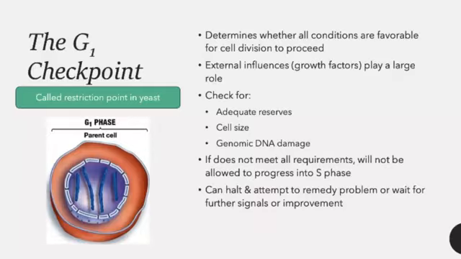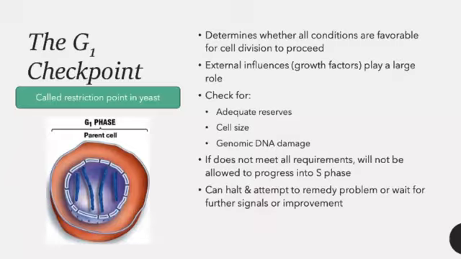Our G1 checkpoint is one of the most important control points in the cell cycle, and it determines whether the conditions are favorable for the cell to proceed with division. It is sometimes called the restriction point in yeast, because once a cell passes this checkpoint, it becomes committed to the process of cell division.